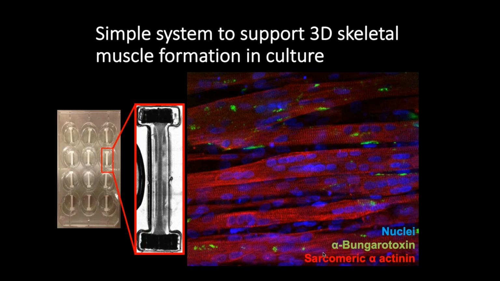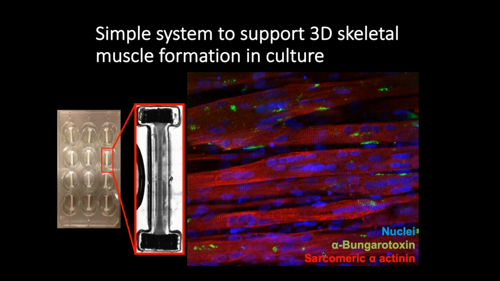Now, what you're looking at here on the left is a 12-well plate. And if you look down into each well, what you don't see is that there is optically clear rubber that has been cast into the bottom of each of the wells as a liquid and allowed to harden.